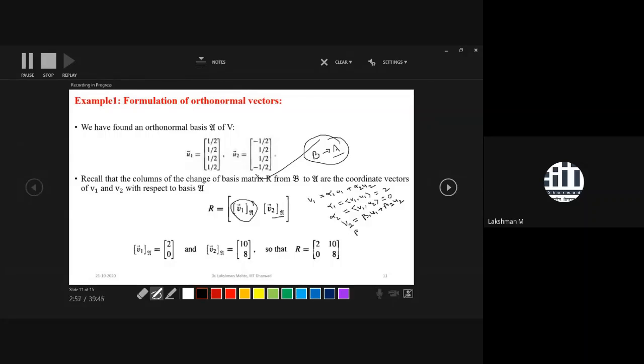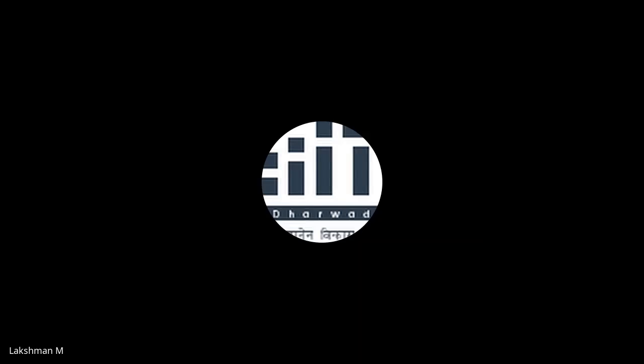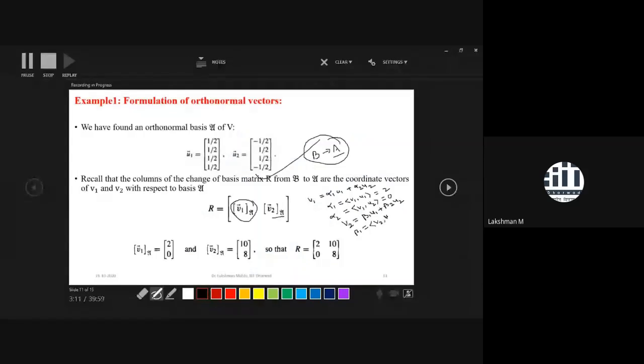How can you find beta 1? That is the first coefficient of V2 with respect to U1. So just take the dot product of V2 with U1. The value would be 10, because you already have V2, and you also have U1 and U2 already constructed.